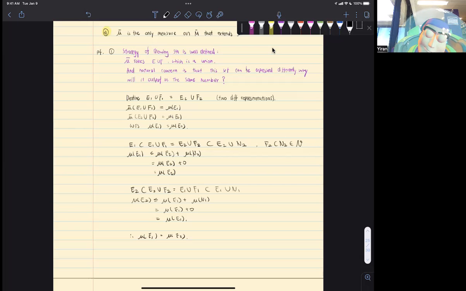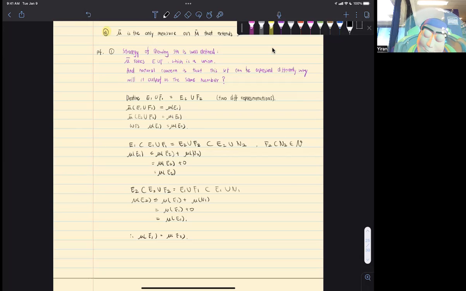Okay, so once we have this, what is this? Notice that mu of E2 union N2 is larger or equal than mu of E2, right? And smaller or equal than mu of E2 plus mu of N2, which is equal to mu of E2.